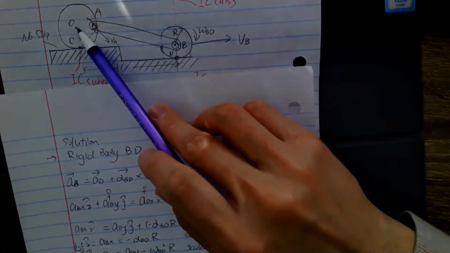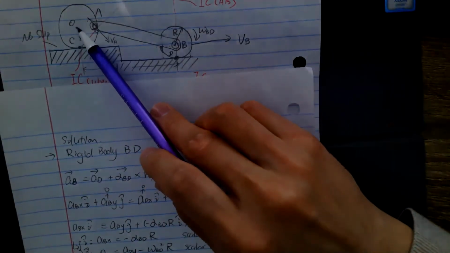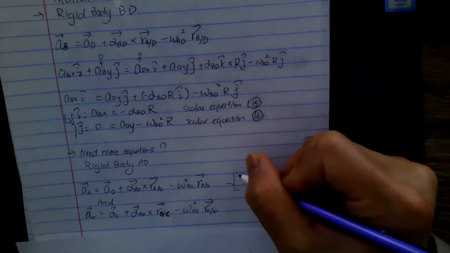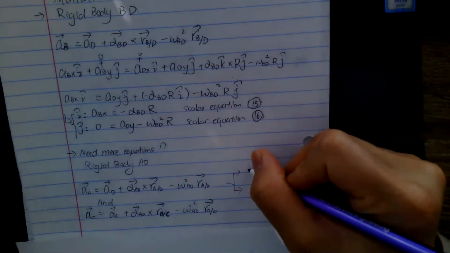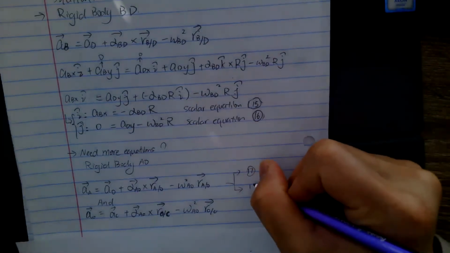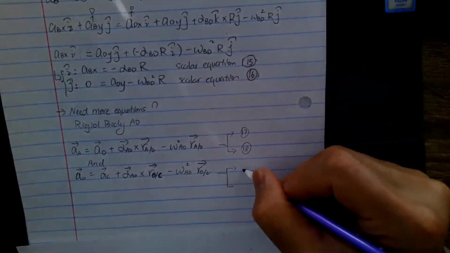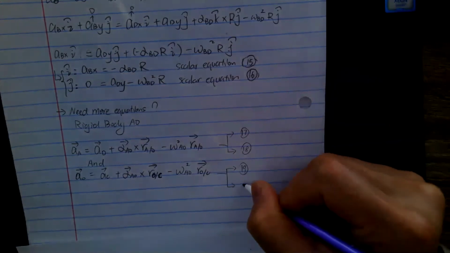Also, you can apply the acceleration equation to point O and point C again. That's another vector equation, going to give you 2 more scalar equations. So I want you to do this on your own. You can get number 17, number 18, and from this equation, you can get number 19, number 20.